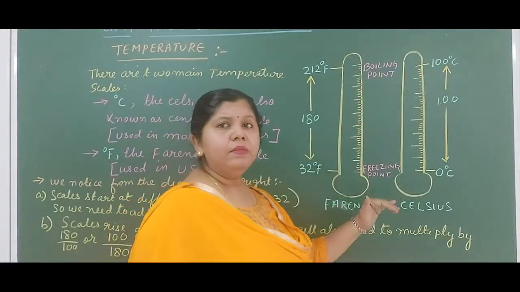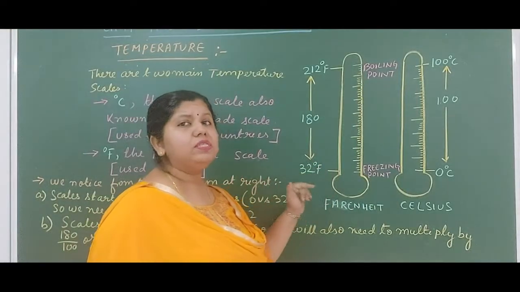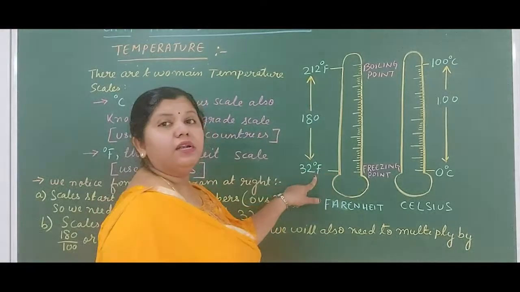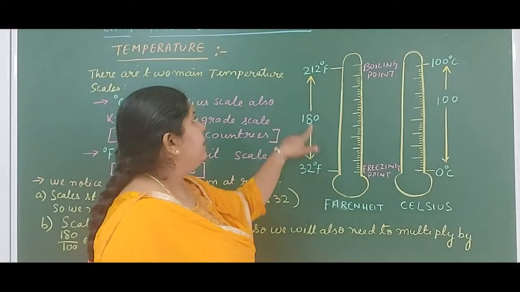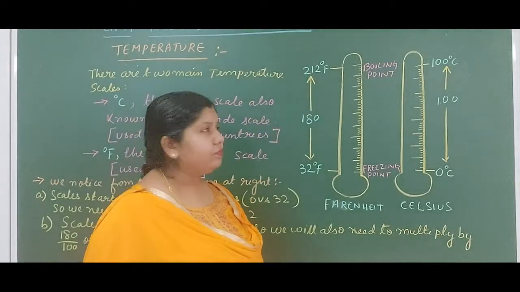When we look at the Fahrenheit scale, because the number of divisions is different, the freezing point here is 32 degrees Fahrenheit and the boiling point is 212 degrees Fahrenheit.